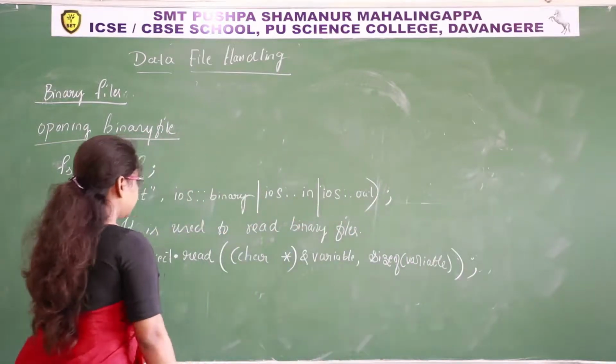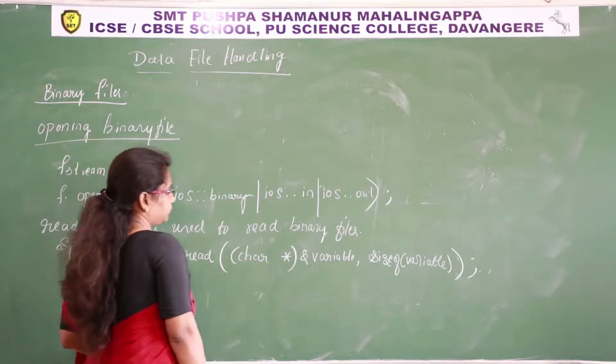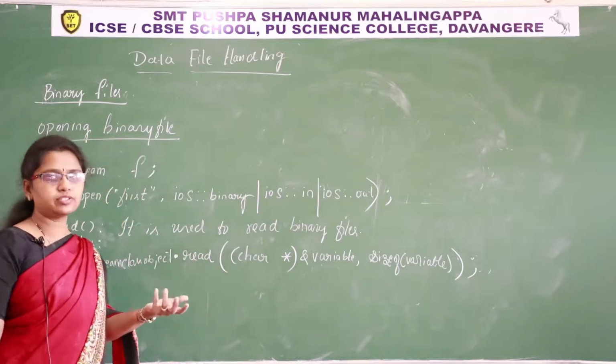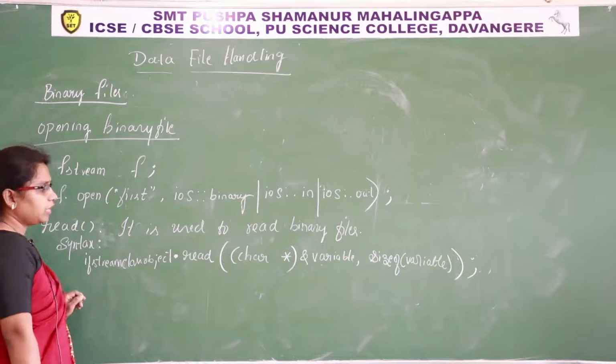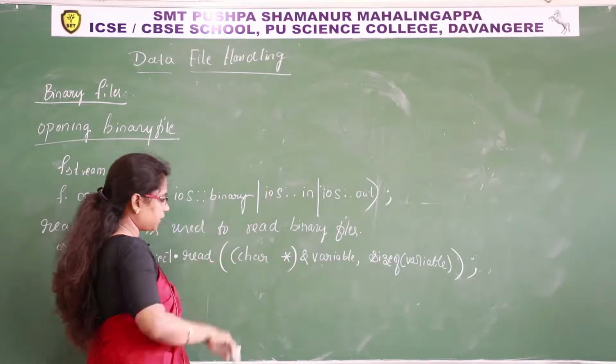So this is the syntax of the read function. Here the variable means the value which is stored in the identifier. That variable value I want to read from the binary file.